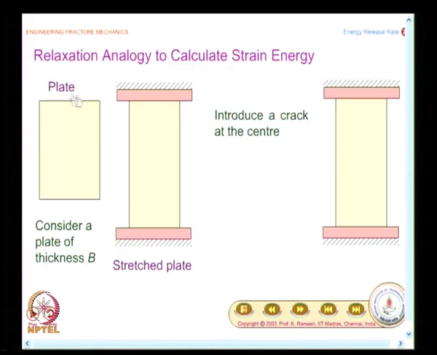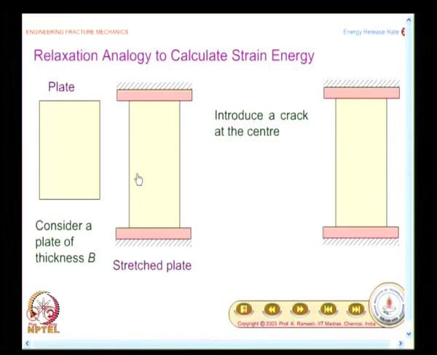For the purpose of your understanding, you could consider that as a rubber plate. You could take a cycle tube and cut it and make a sheet out of it, and what you do is take it, stretch it and then clamp it rigidly. Then I introduce a crack at the center.